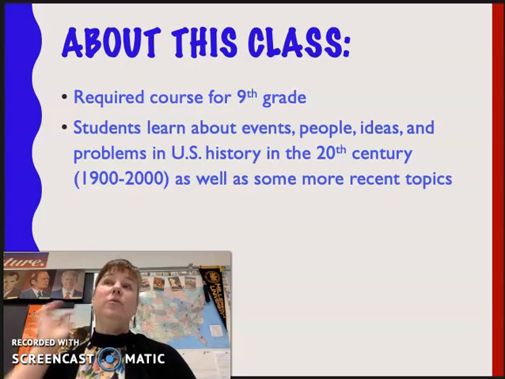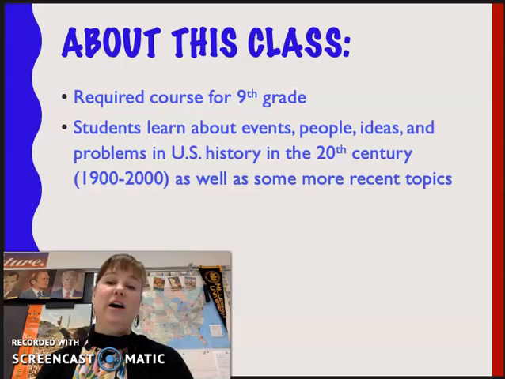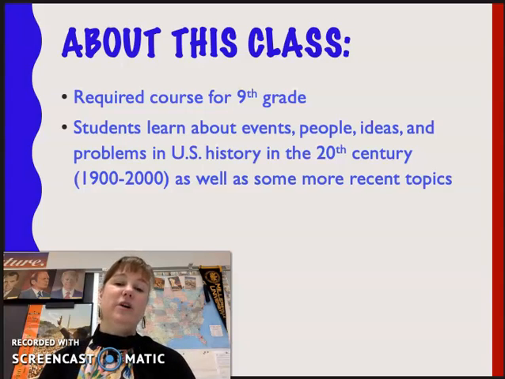So, for example, when we talk about the conservation movement during the progressive era of the early 1900s, we'll also sort of fast forward to the present and talk about current environmental issues and how the current situation compares to 100 years ago, and efforts today compared to 100 years ago.